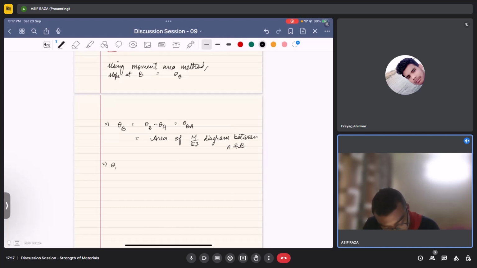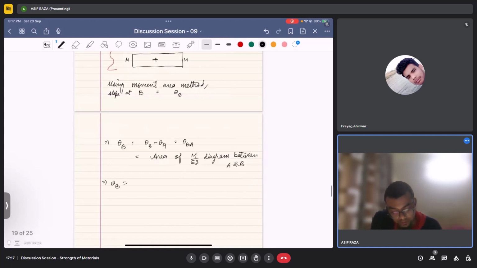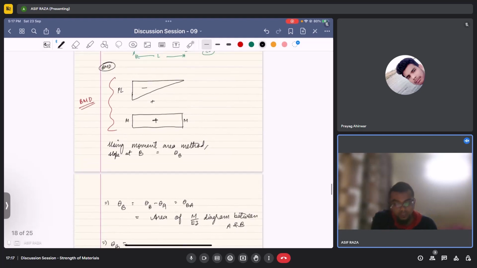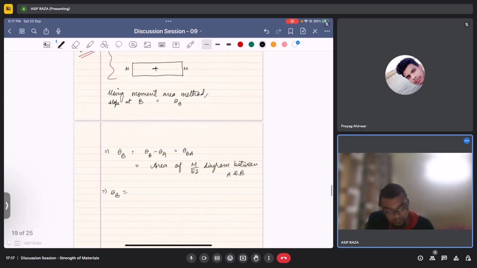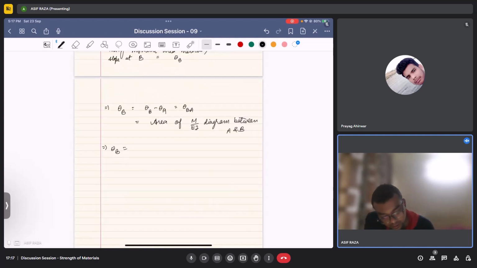Thus theta B would be equal to, first, from the negative one, that is from the concentrated load, minus 1 by 2 of PL by EI times L, right?